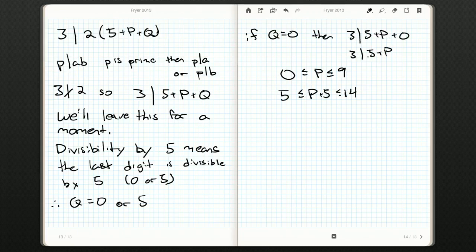So P plus 5, which we want to be divisible by 3, is between 5 and 14. So P plus 5 can be 6, 9, or 12. We're just looking for the multiples of 3. And that means P is 1, 4, or 7.